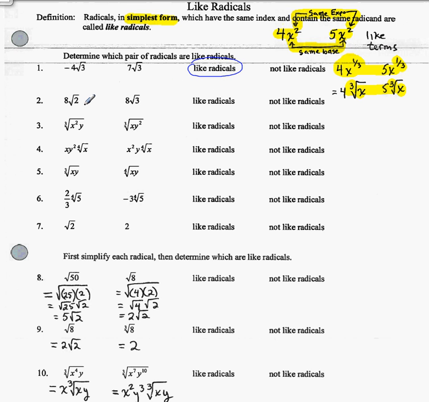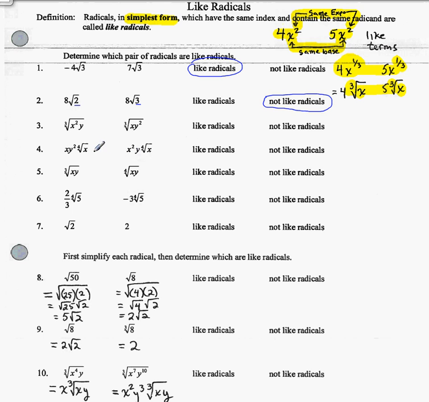Okay, the second example. Again, the indices are the same. They're both 2, but if you look at the radicands, this radicand is 2, while this one is 3. The radicands are not the same, so these are not like radicals.